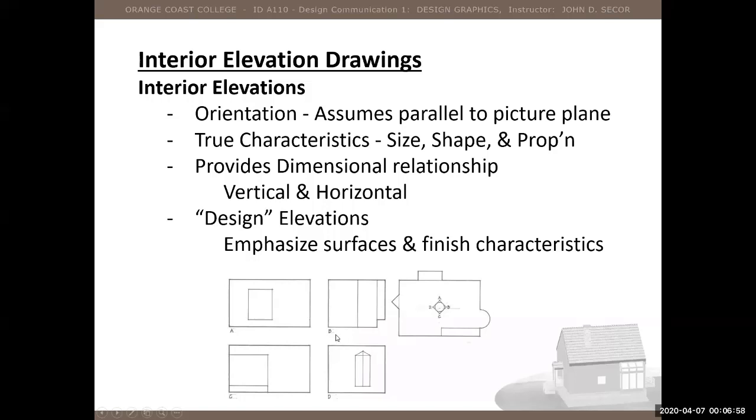So that would be labeled B. C has this step, kind of a seat, right here, and it looks like it has a pop-out overhead likewise. So C takes on those characteristics. And finally, D has this kind of triangular shape. I want you to pay attention to that, because that's an industry standard. That's how we navigate our way through these interior elevations.